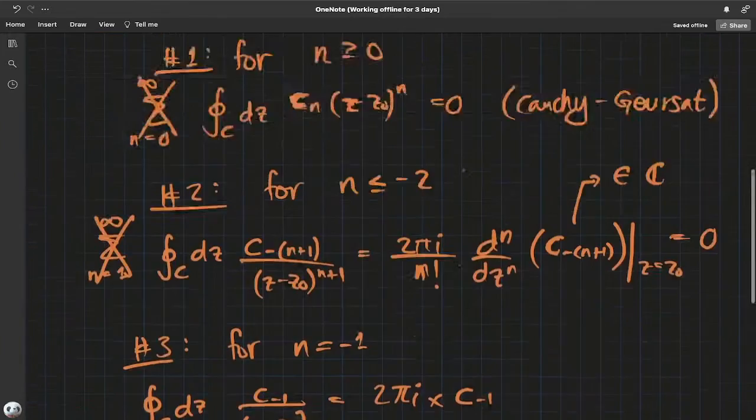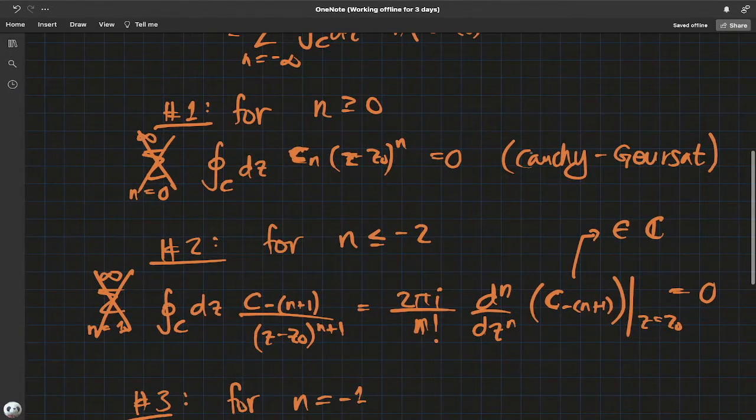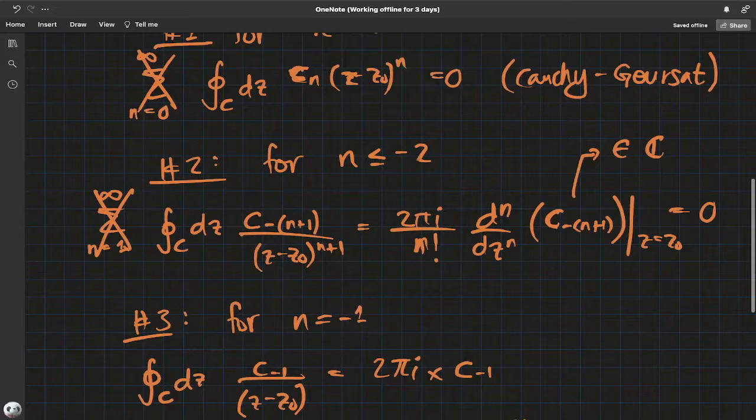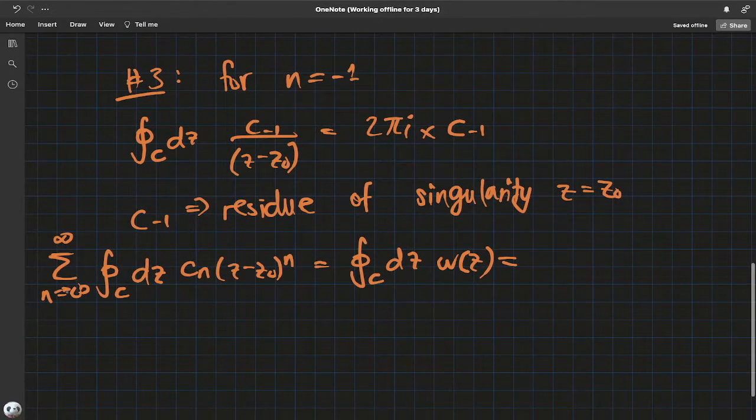For all the non-negative terms it's 0. For the negative terms less than or equal to -2, they're all 0, and the only term remaining that's non-zero is this. So in this entire sum we just have one non-zero term left.